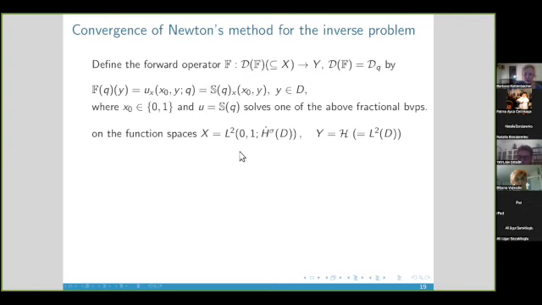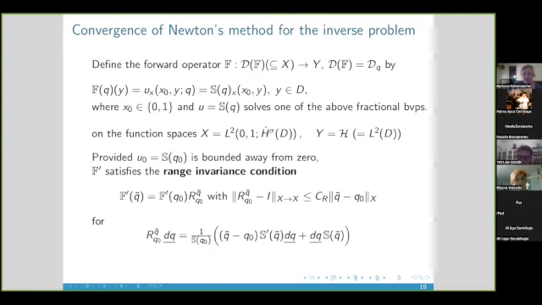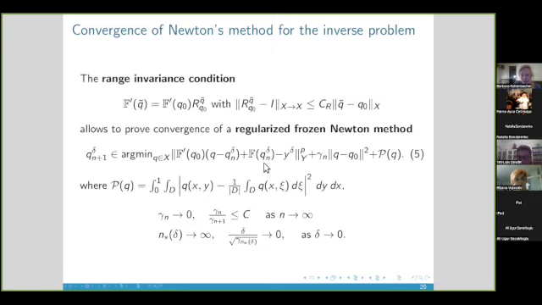This is not so trivial for inverse problems, because actually one has to consider regularized versions of Newton's methods, such as this one here. So this is a regularization parameter, this gamma n here. So this is a regularization term.